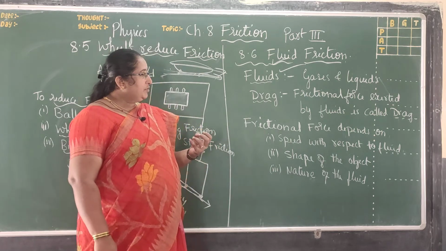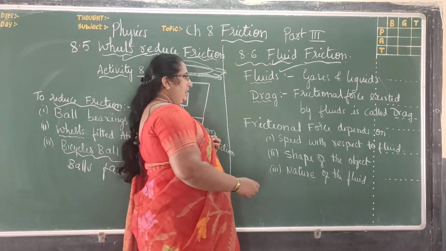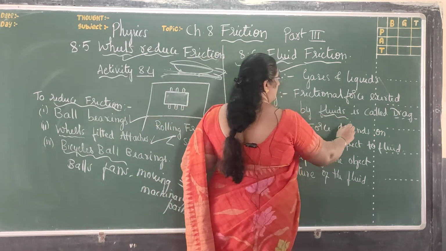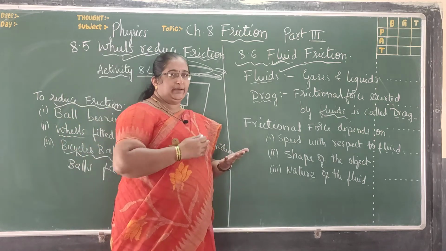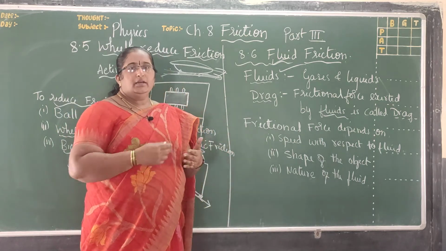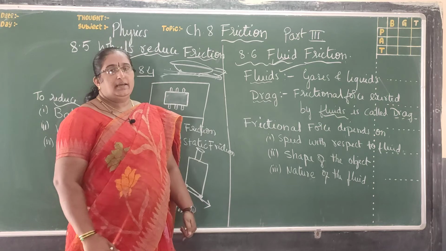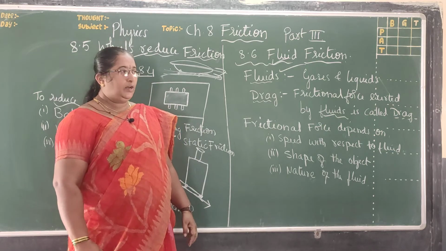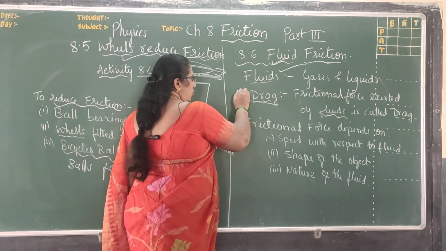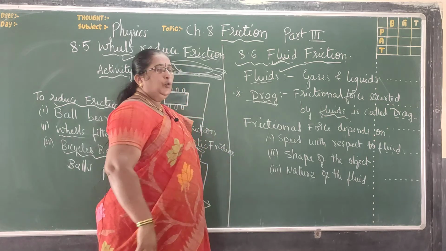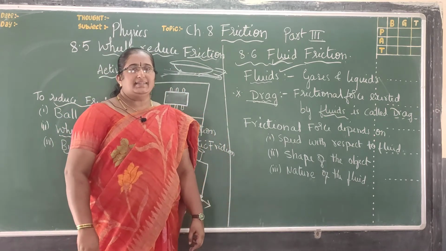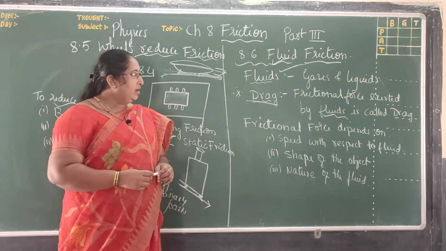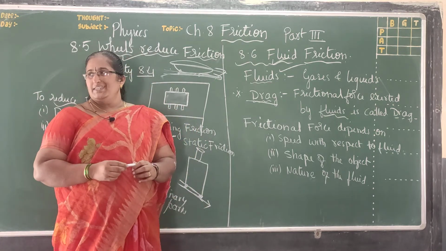That frictional force is exerted by the fluids. There will be frictional force acting between the body and the fluid, the water or the air. So this frictional force exerted by the fluid, we call it drag. So what is drag? How do we define drag? Drag is the frictional force exerted by the fluid on the moving bodies in it.